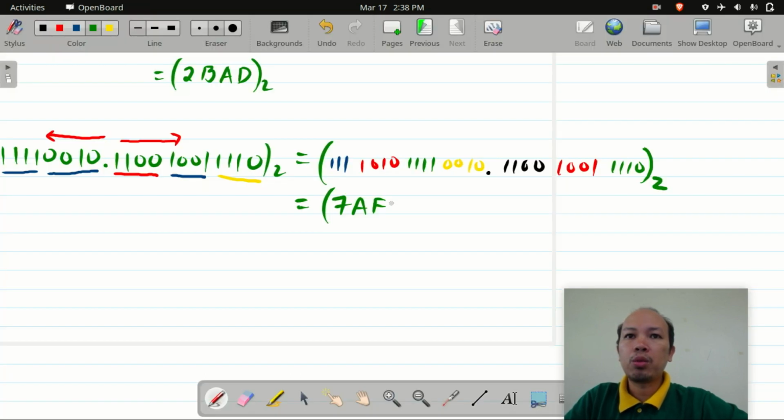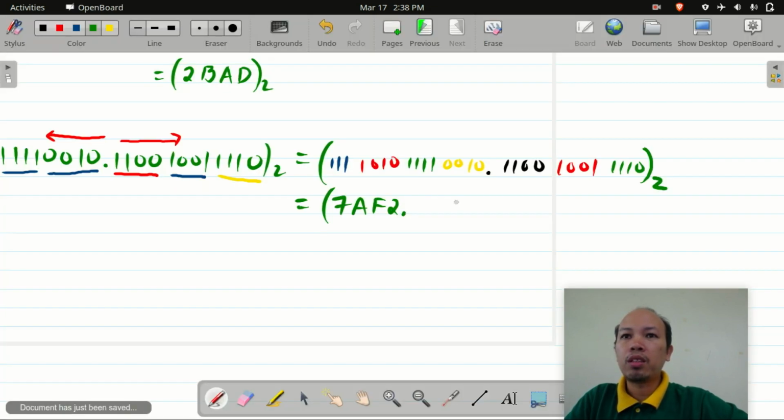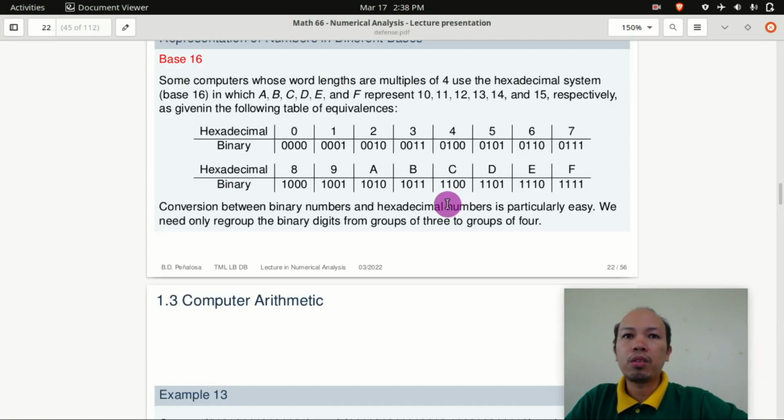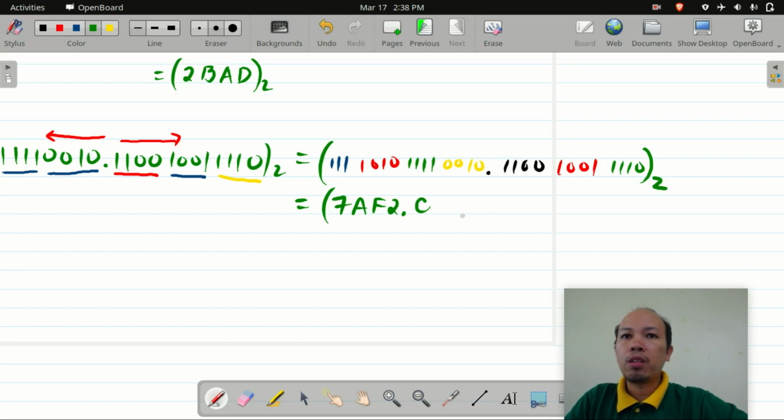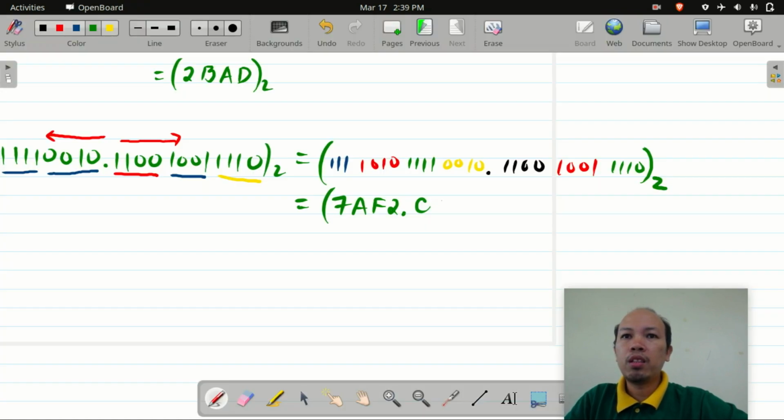0010 is 2. Point. 1101 is D. 1100, sorry, 1100 is 12, which is C. 1001 is 9.